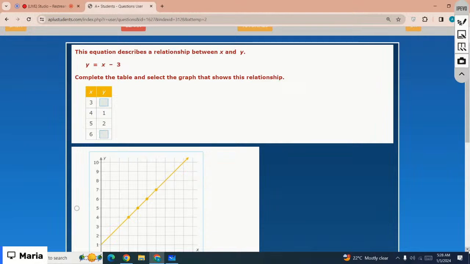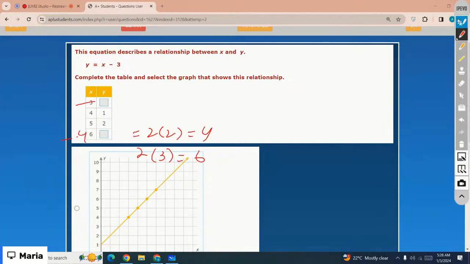Complete the table and select the graph that shows the relationship. So simply put the values of x here, right? 3 minus 3. When you put x equals 3, here it is 3 minus 3, that is 0. Then when you put x equals 6, 6 minus 3 equals 3. Now the table is complete, right?